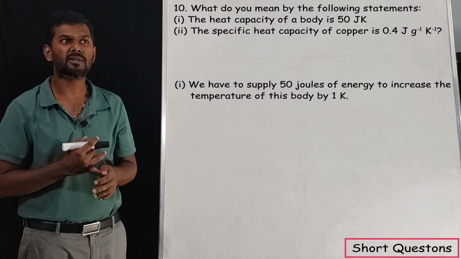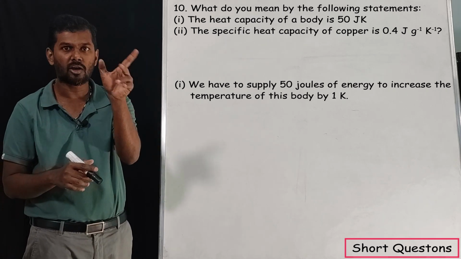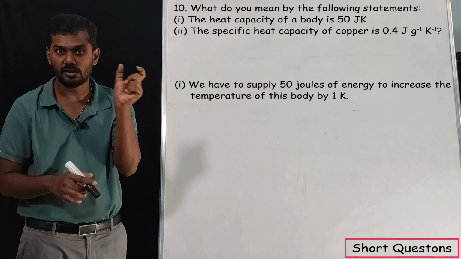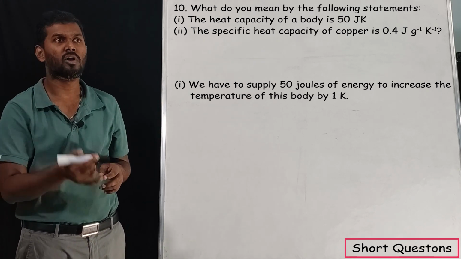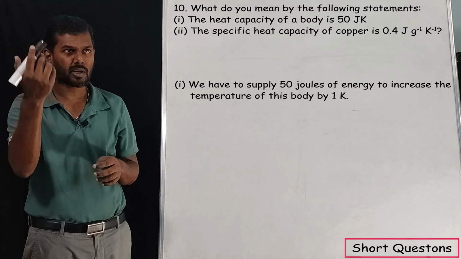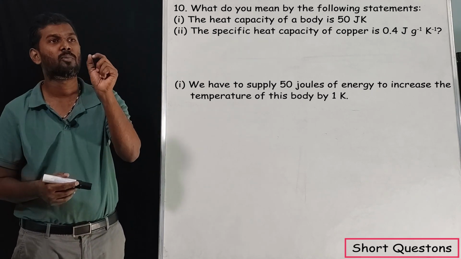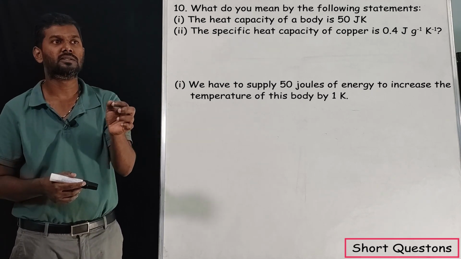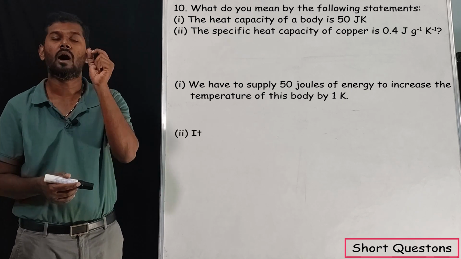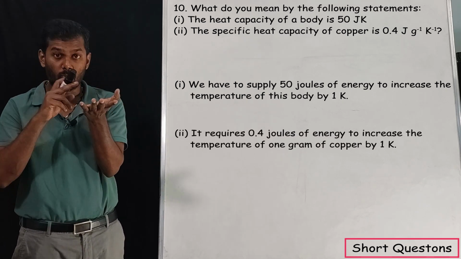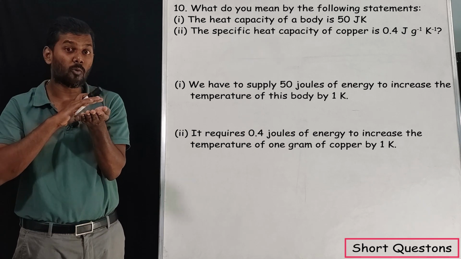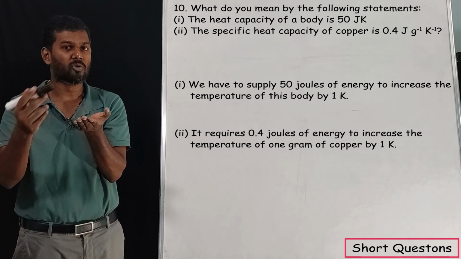Then we'll go for the second sub question. The specific heat capacity of copper, they are specifying copper, right? You have to use that word copper in the answer. The specific heat capacity of copper is 0.4 joules per gram per Kelvin. It means it requires 0.4 joules of heat energy to raise the temperature of 1 gram of copper by 1 Kelvin. We are talking about 1 gram, that is unit mass.